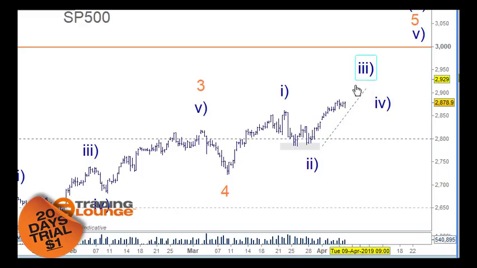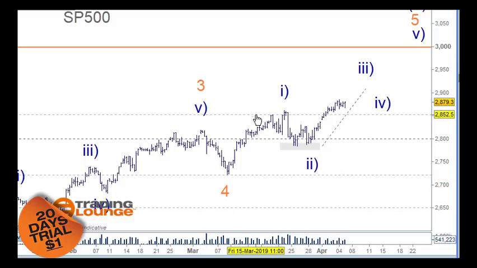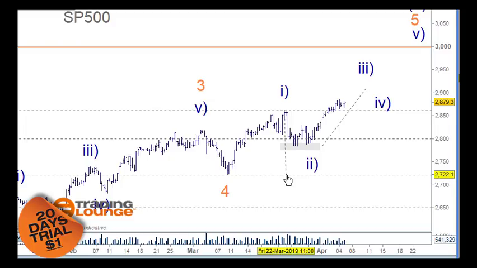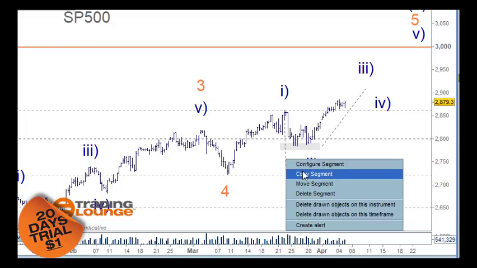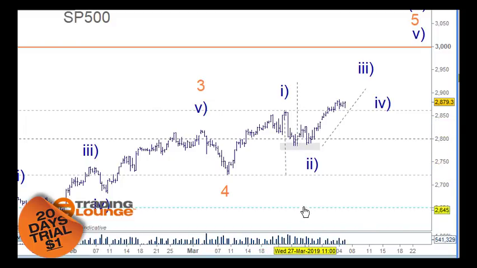This is okay to have a third wave here, but we need it to be longer than wave 1 here. So if we just grab this, I could use a Fibbo tool, but I'm a bit old-fashioned. So if I copy that and put that here, that's the length, and it would need to be above that there.